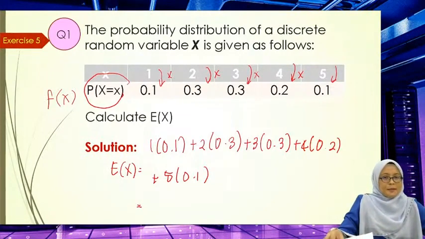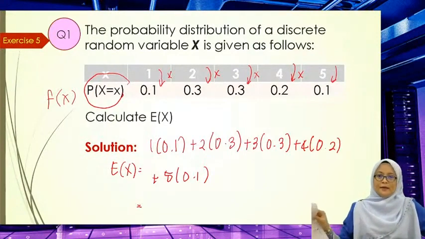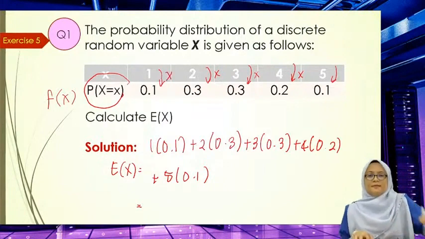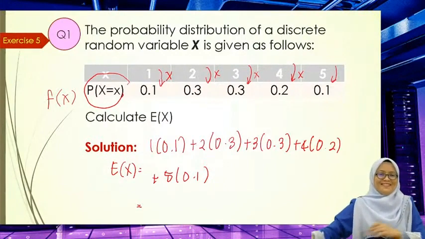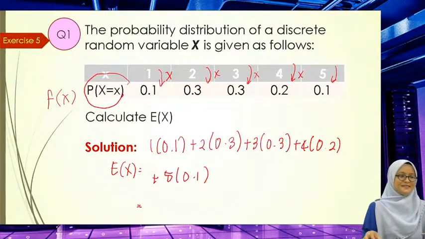Ada siapa-siapa nak jawab? Berapa dapat expectation of X? Berapa dapat expectation of X for question 1?